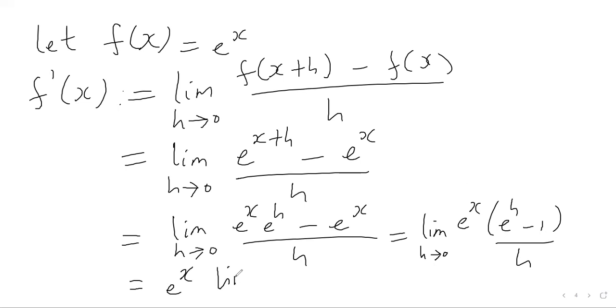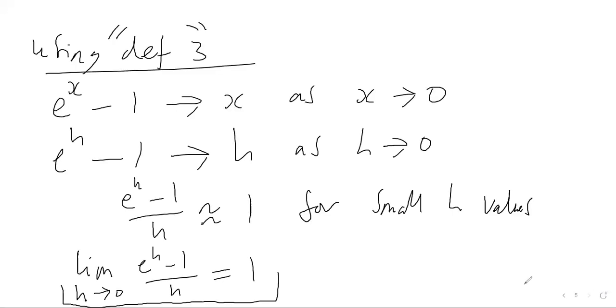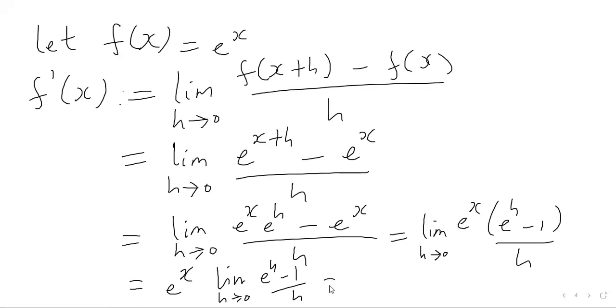So you've got e to the x times the limit as h goes to 0 of e to the h minus 1 over h. And we've just determined using definition number 3 that this limit is 1. So what we've got is e to the x times 1, but we don't need to put that times 1 there. So what we've just proved is that the derivative of e to the x is once again e to the x.